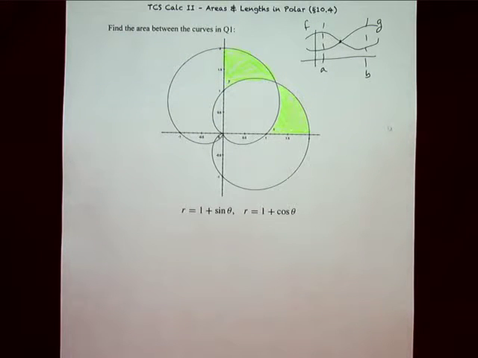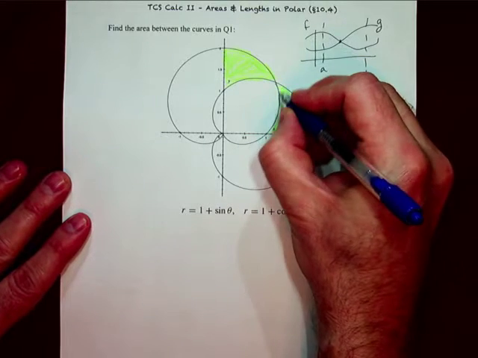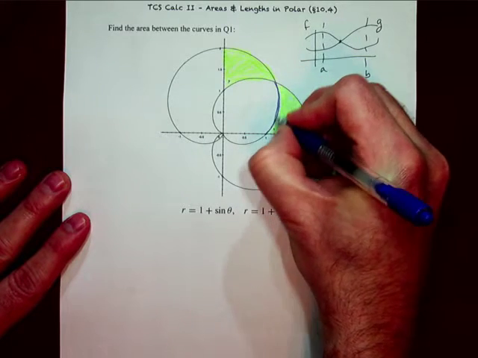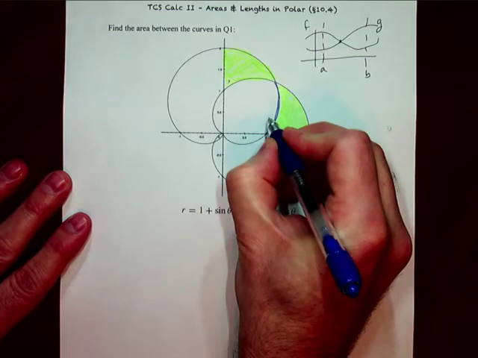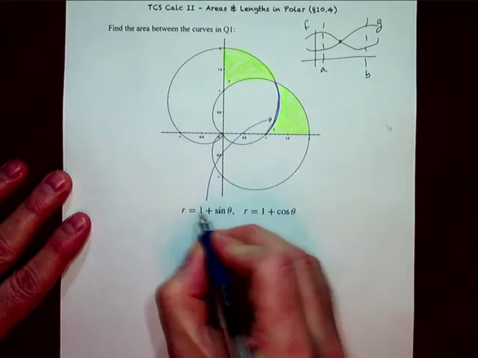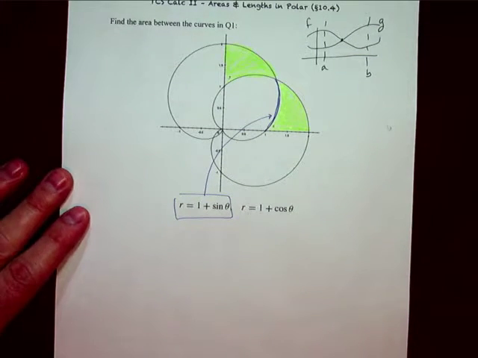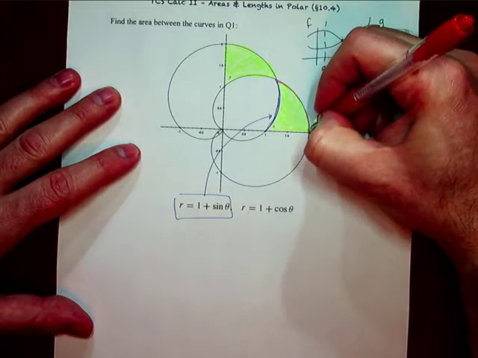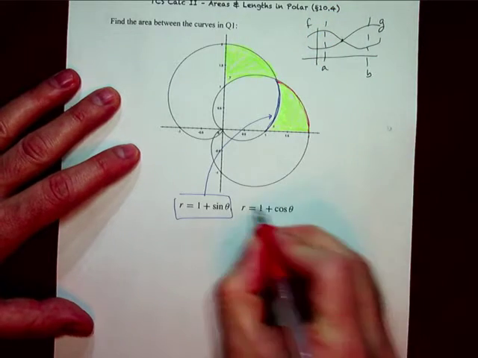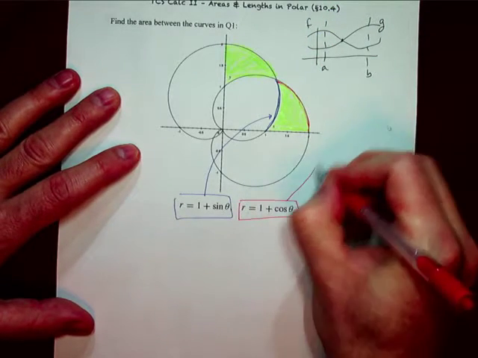Now this one, thankfully, there's symmetry, okay? So that's going to help us a whole lot. But let's go ahead and just deal with this portion down here, because at that point we can double it. So this is my 1 plus sine theta curve. This right here is part of my 1 plus cosine theta curve.